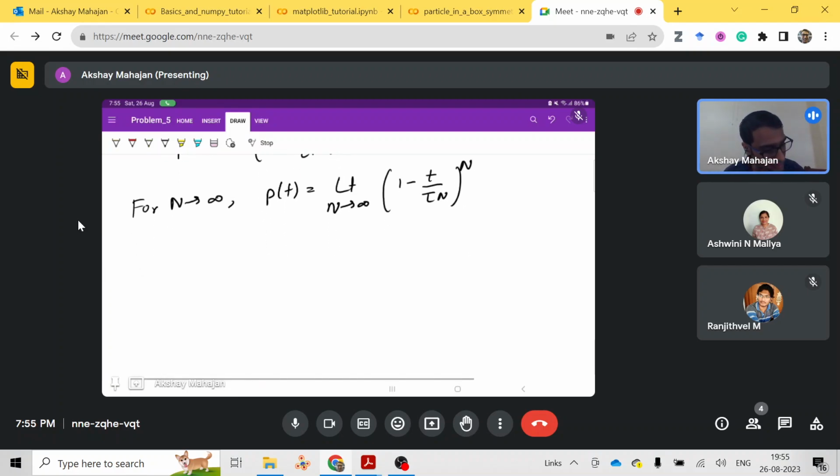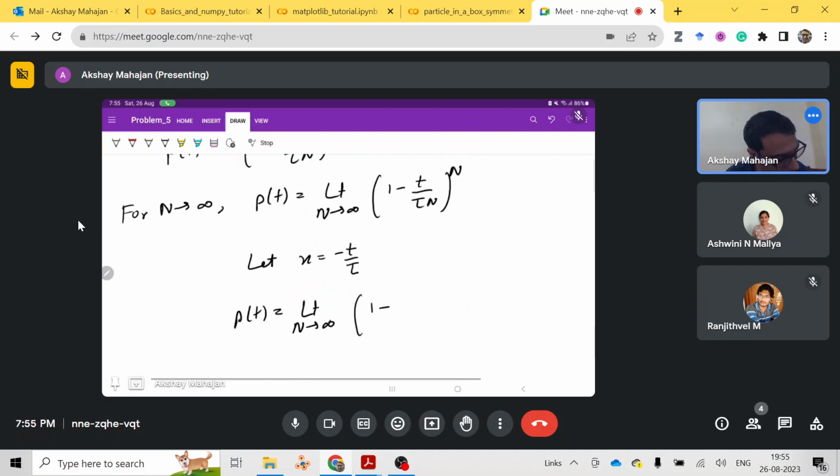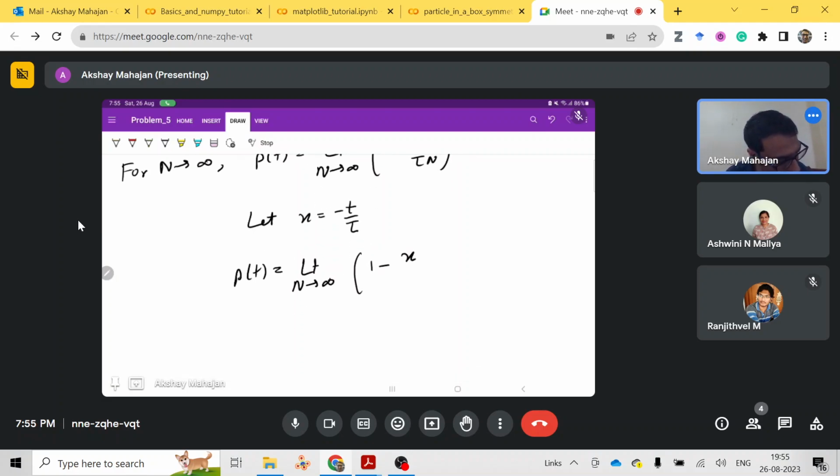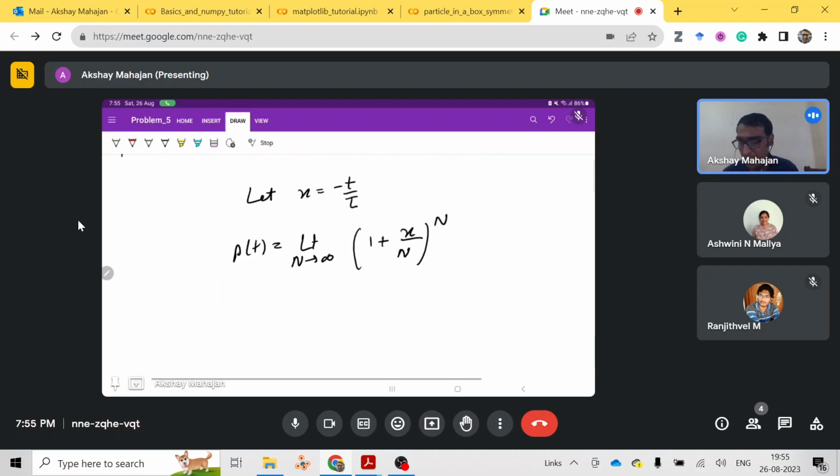Now let us consider that minus x is equal to minus t by tau, so x equals t by tau. So our probability P of t comes as the limit n tends to infinity of 1 plus x by n, whole to the power n.